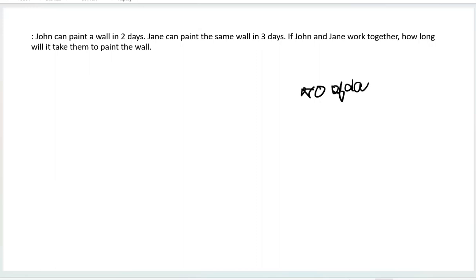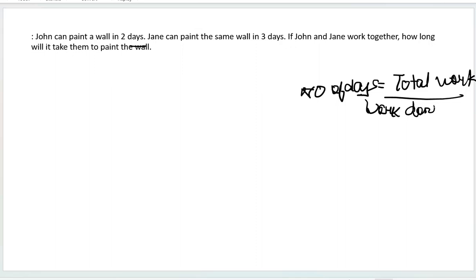Right now we are writing number of days because we are discussing everything in terms of days. It will be total work upon work done in 1 day. Now, the total work is usually taken as 1.